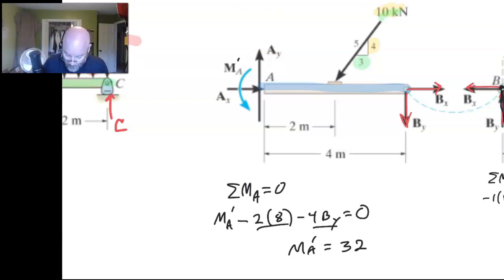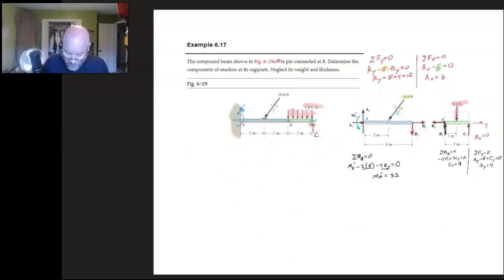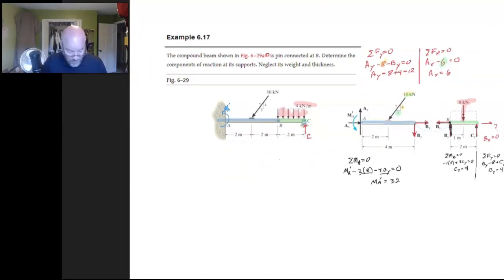Okay, so let's back up here. This was kind of a juicy one. Take a look at it. We've got our two pieces here and here, and we're going to analyze them one at a time over here like that.